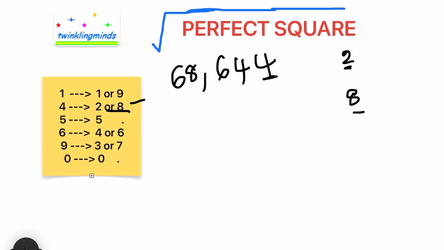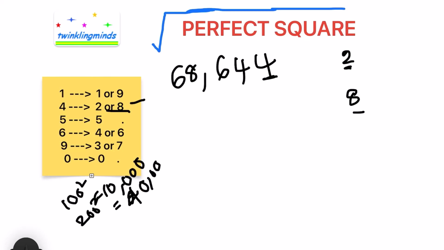So let us see, what is 100 square? 10,000. What is 200 square? 2 2s are 4, so it's 40,000. And what is 300 square? It's 90,000.